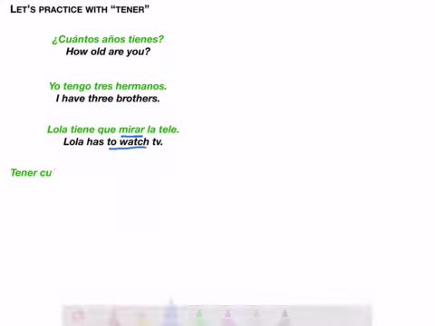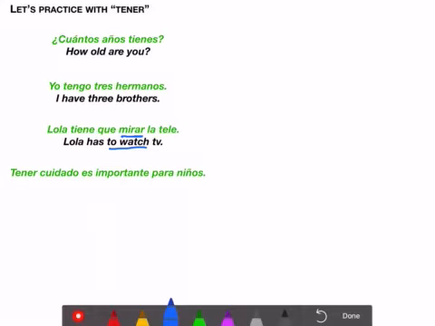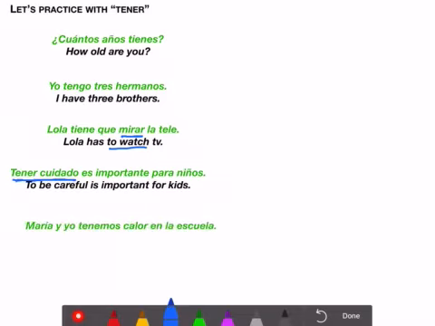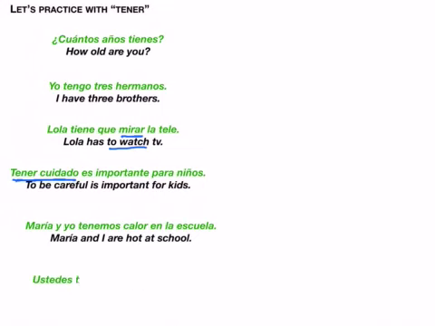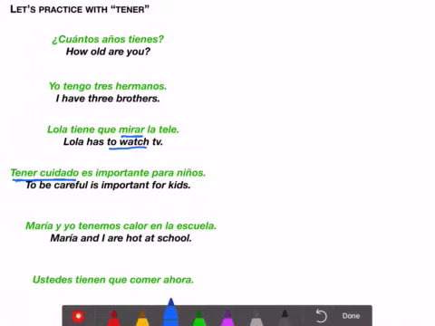To watch, mirar. Tener cuidado es importante para niños. Notice that I didn't conjugate tener. So to be careful is important for kids. Maria y yo tenemos calor en la escuela. Maria and I are hot at school. Ustedes tienen que comer ahora. You all have to eat now.